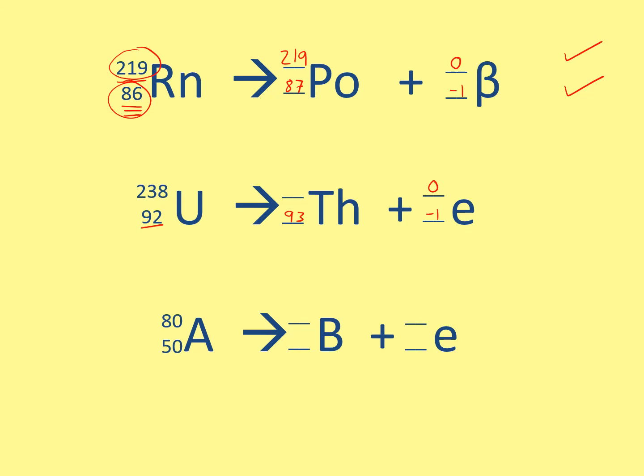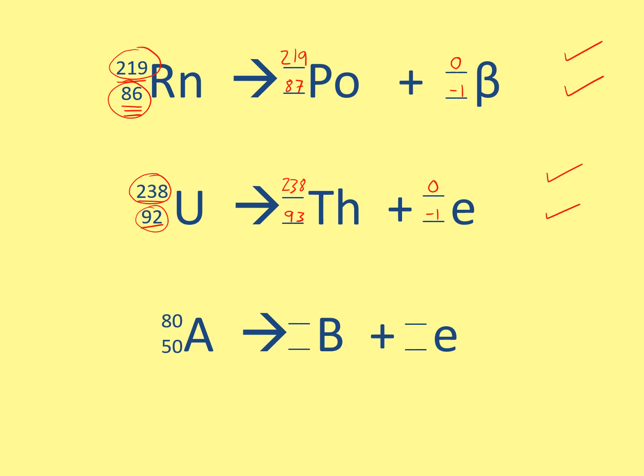And in the nucleus there was 238, and that stays the same because nothing's left the nucleus. There's proton number, and the number of protons and neutrons is the same. And I can double check by saying 238 before it decayed, and these two added together make 238. And we started with 92 before, and these two together add up to make 92. So that is my second equation done.